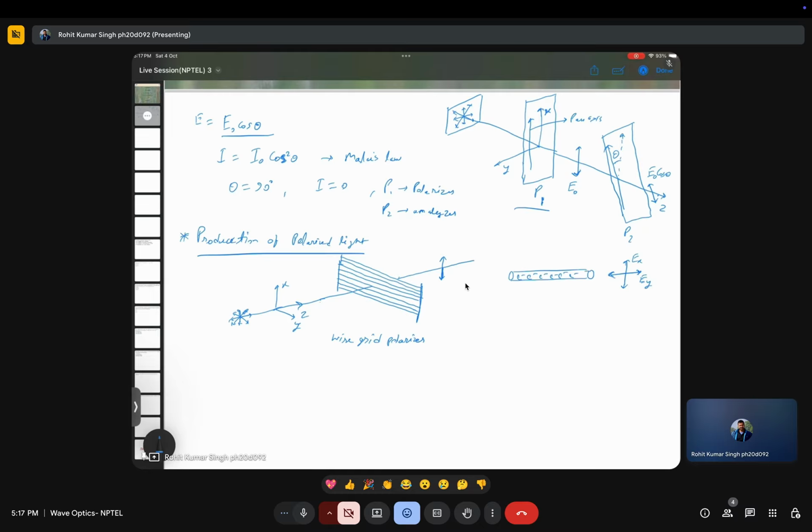Now the electric field in the y direction, this wire being in the y direction, will exert force on these electrons. Since these electrons are free to move inside the wire, it will perform some work given by this formula in the y direction. So this distance is in the y direction.